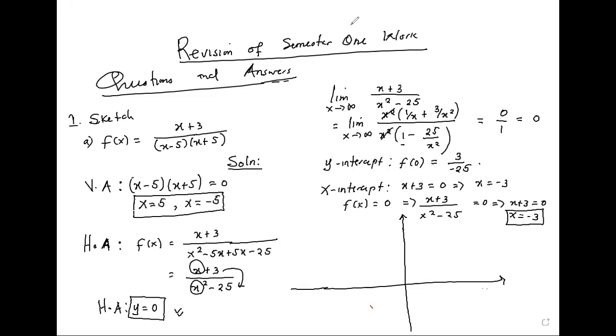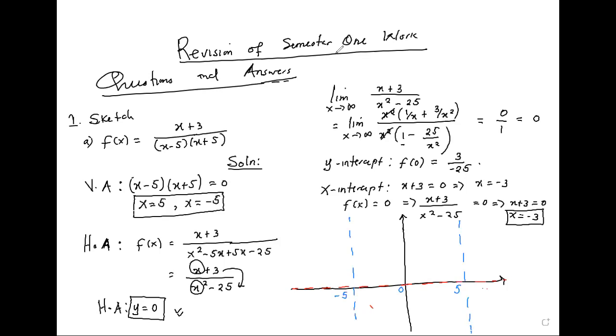we have the x-axis, y is equal to 0 as the horizontal asymptote. We also have x is equal to negative 5 here, and x is equal to 5 as vertical asymptotes. So this is 5. This is negative 5. Now we sketch.